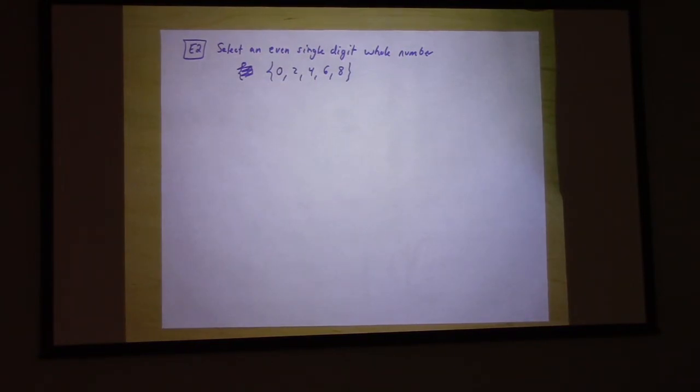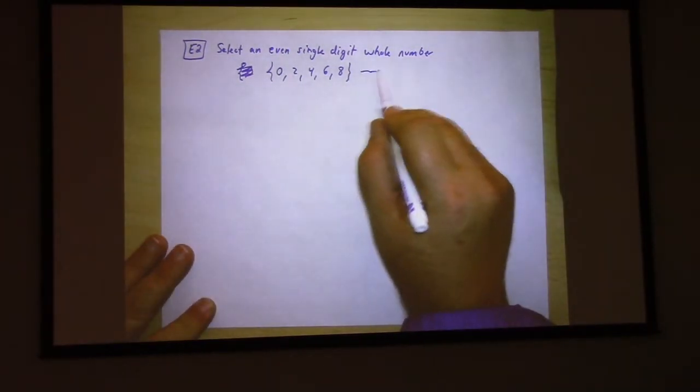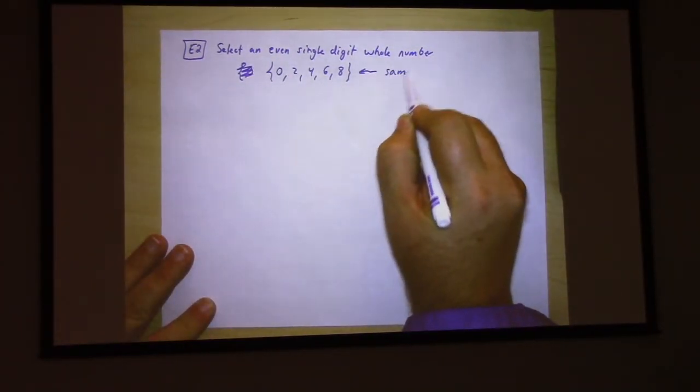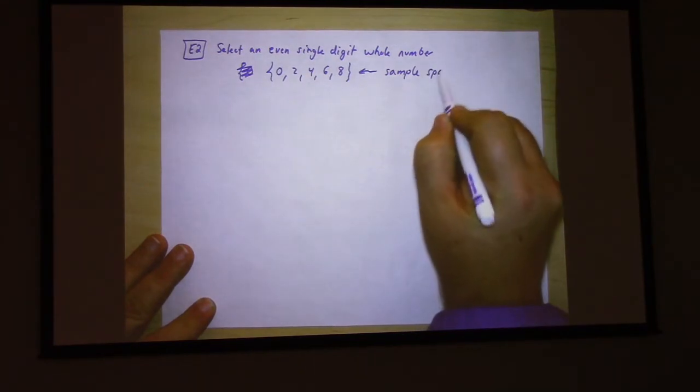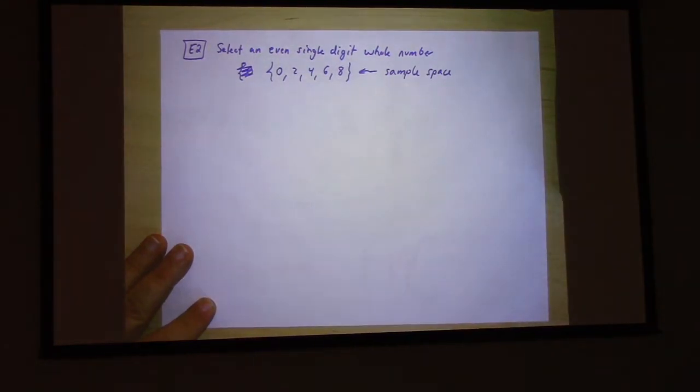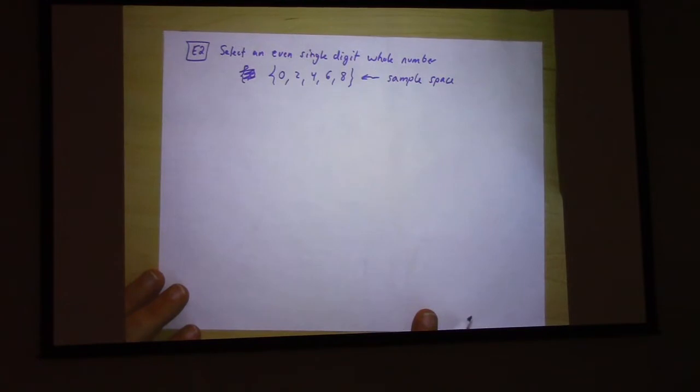It says list the elements of the sample space defined by each experiment. So this is the sample space for this experiment. That's it. This is like 12.1 number 1.